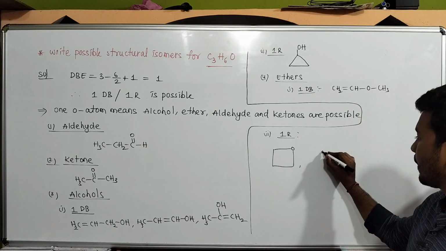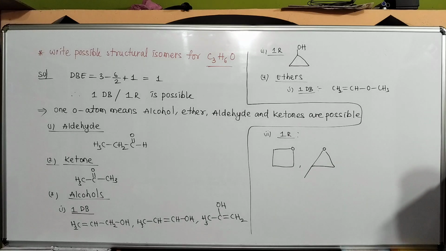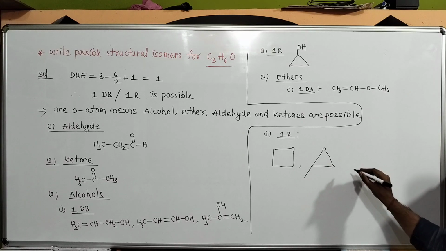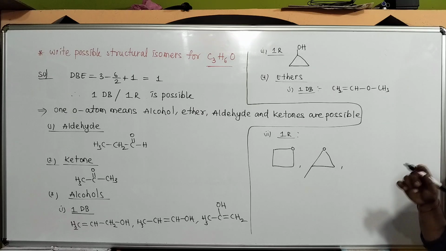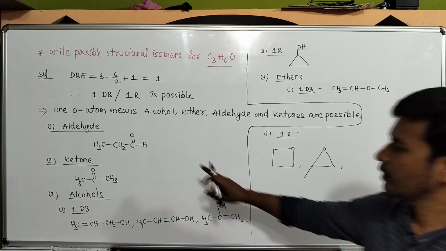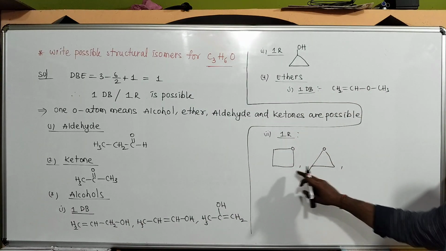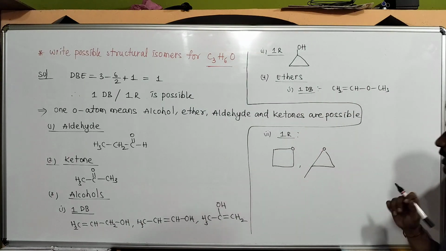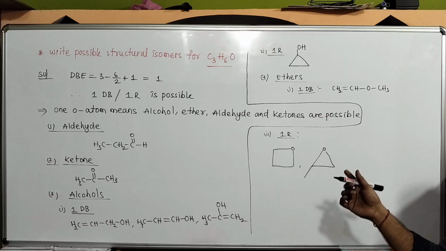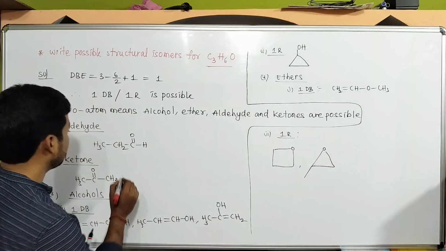Next one, this second one is possible. Next, third one ether, how many? 1, 2, 3, 4, 5, 6, 7, 8, 9. Total 9 only. Another ether is not possible. So in this way, how many structural isomers?